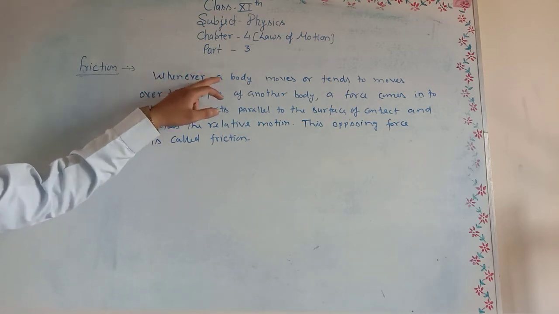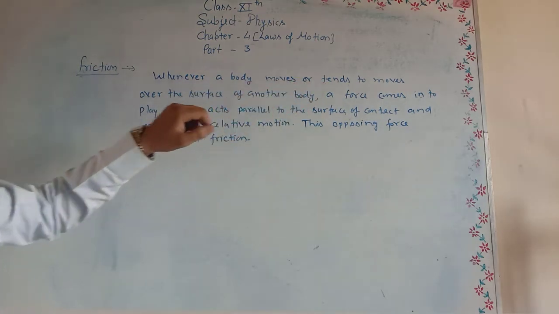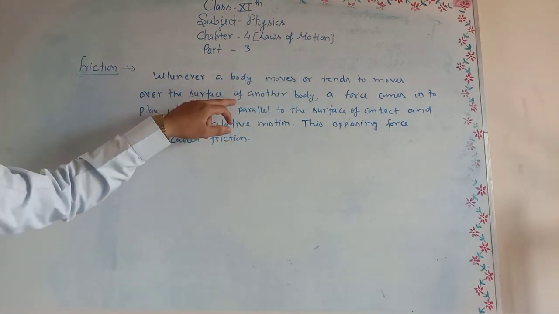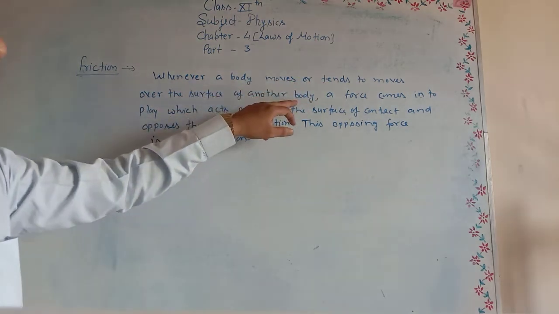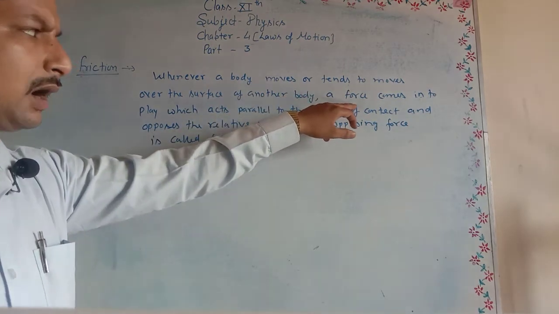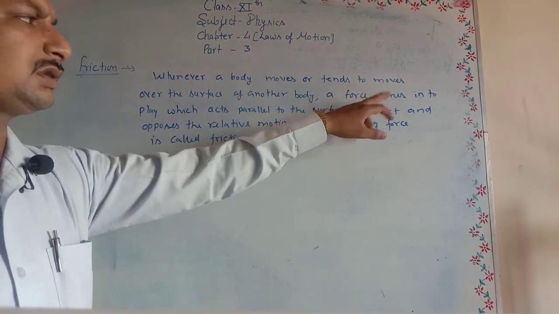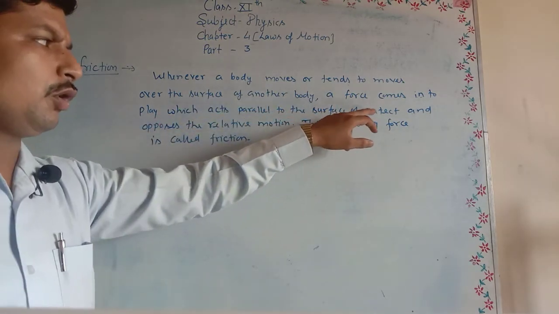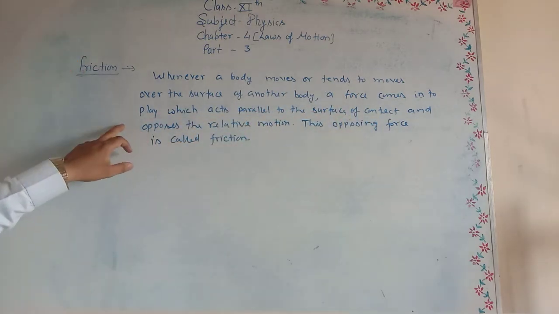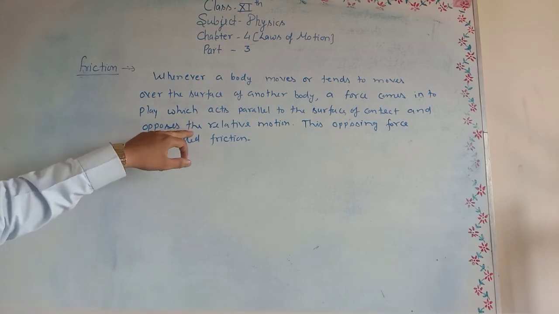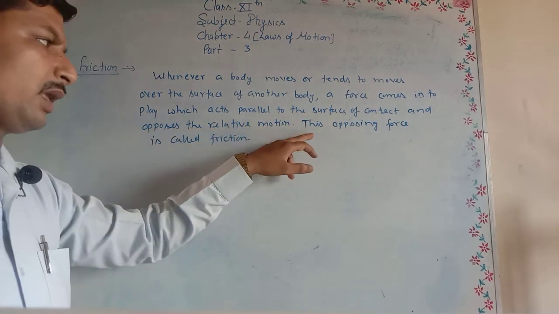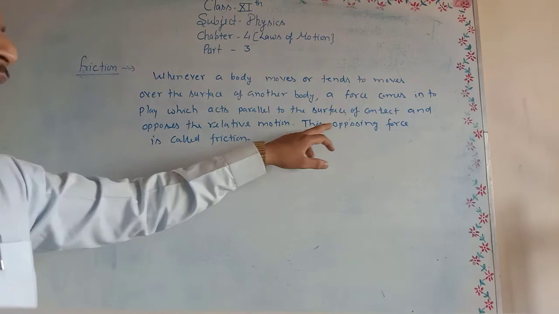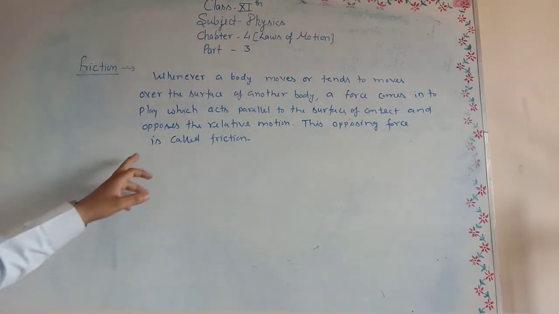Whenever a body moves or tends to move over the surface of another body, a force comes into play which acts parallel to the surface of contact and opposes the relative motion. This opposing force is called the friction.